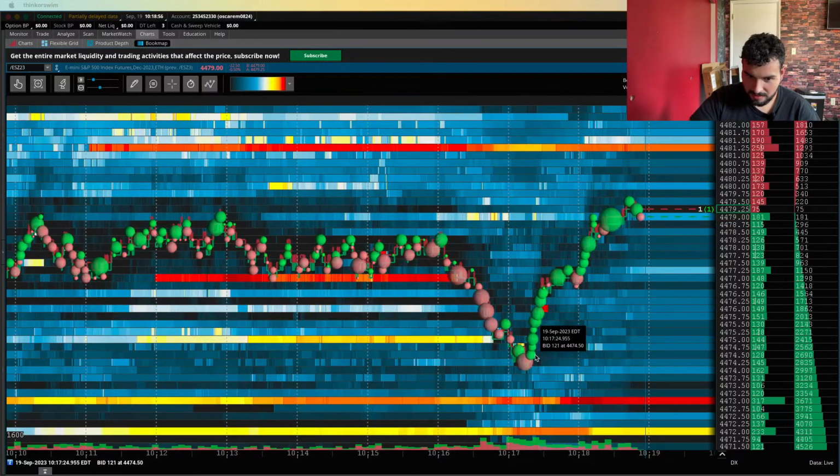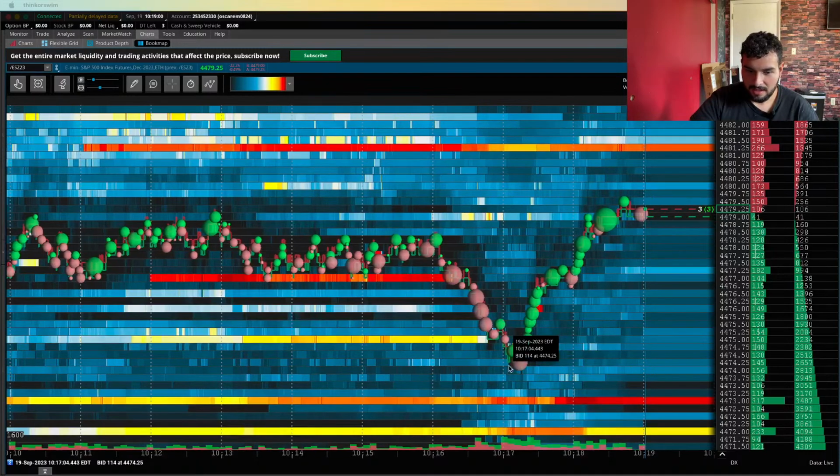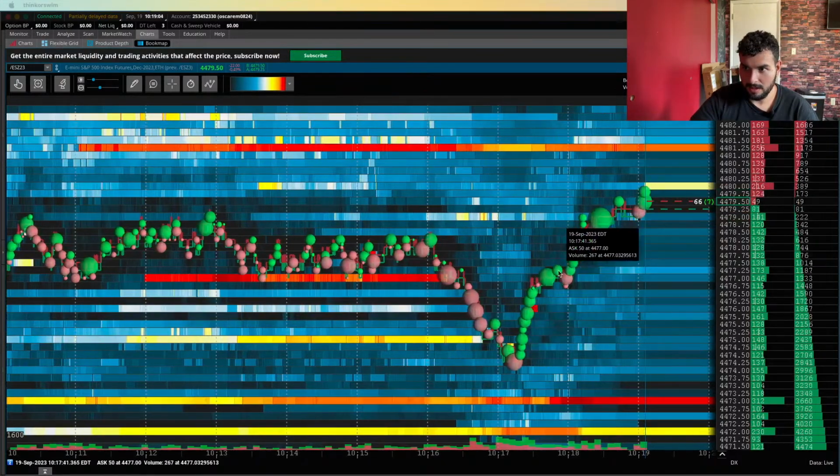Look at that move that happened right there. We hit the market and we bounced. Not a level that I had on my chart. Maybe it becomes one. We're going to see what happens.